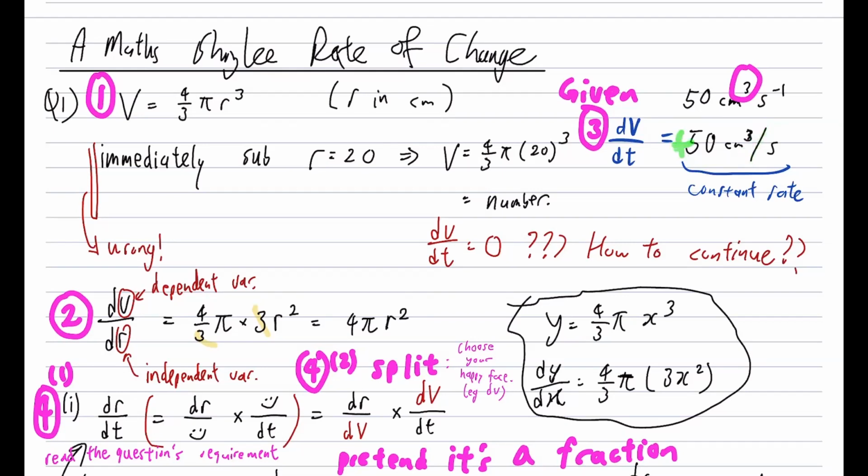The question may change into a different case, for example, an upside-down cone with water inside it. Water is then dripping out from a small gap at the bottom of the cone at a constant rate of 2 cm cubed per second. In that case, your dV by dt will be negative 2 cm cubed per second.